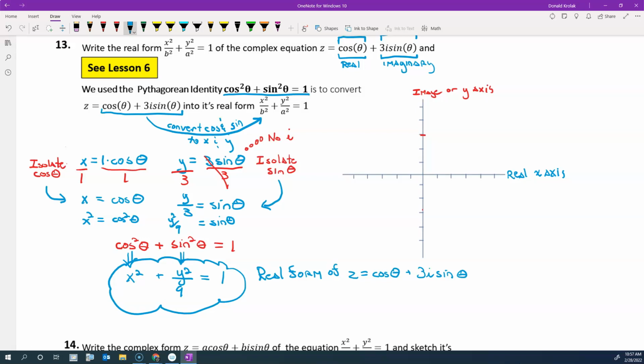Now if I graph it, I can graph either version. I could graph this version, or I can graph the real version. Either one, it'd be the same.